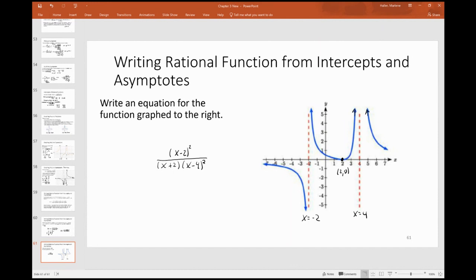Okay. Now I also can see my y-intercept looks like it's right at 1/2, doesn't it? It looks like the y-intercept is (0, 1/2). So that's going to help us to determine our stretch factor.